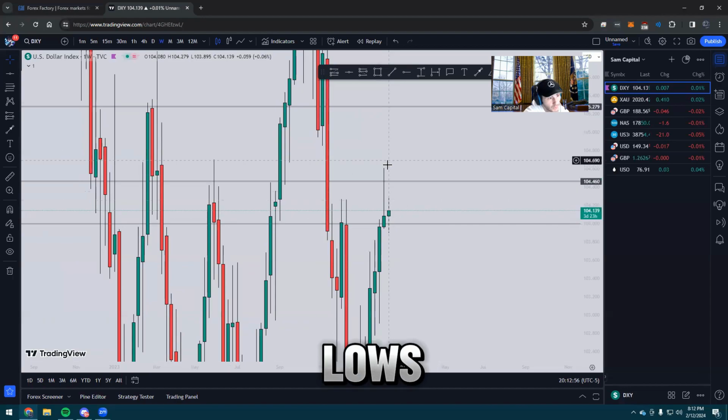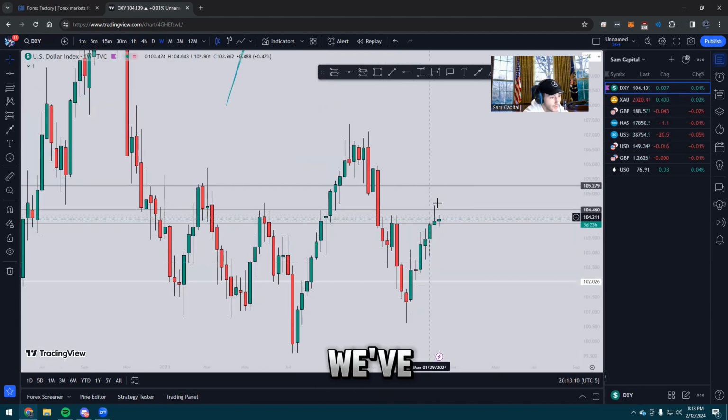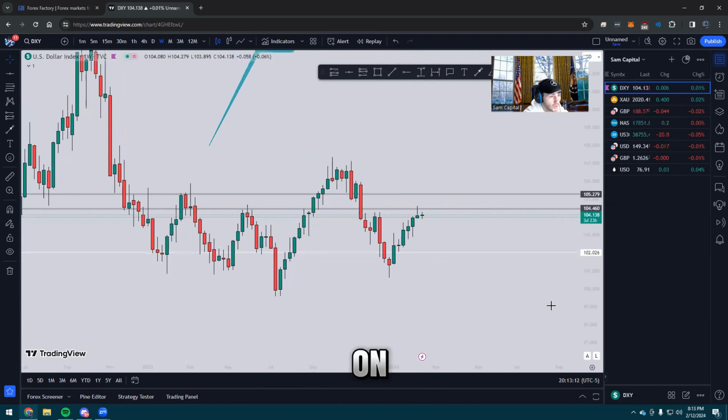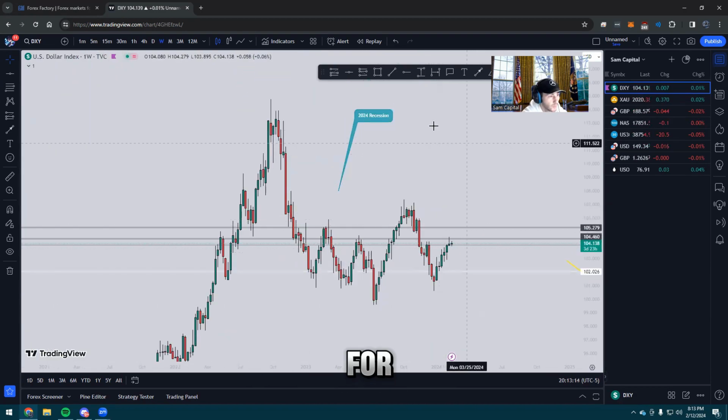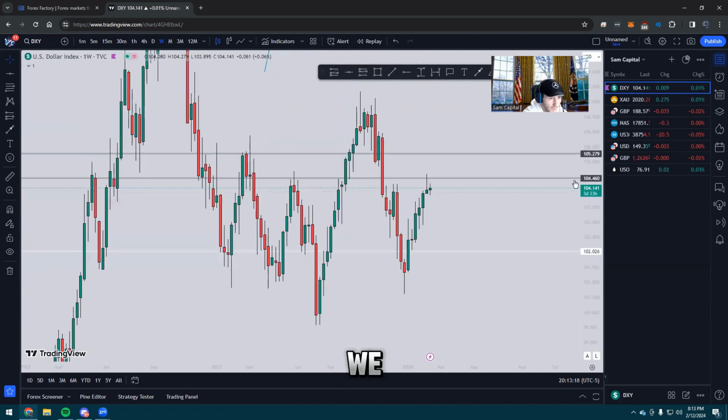We broke the lows. So if you understand the pack runner concept a little bit, you have volume behind this candle now to shoot up. And that would kind of make sense here since this previous weekly candle didn't really have a bottom wick, and we've been also ultimately just kind of bullish on the dollar. This is all boot camp stuff, so we can't talk too much about it.